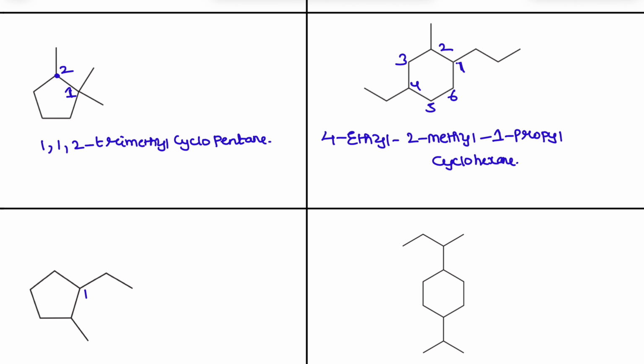Again same thing, this is first carbon, this is second carbon, this is 1-ethyl-2-methylcyclopentane. And here this is secondary butyl, and this is isopropyl.